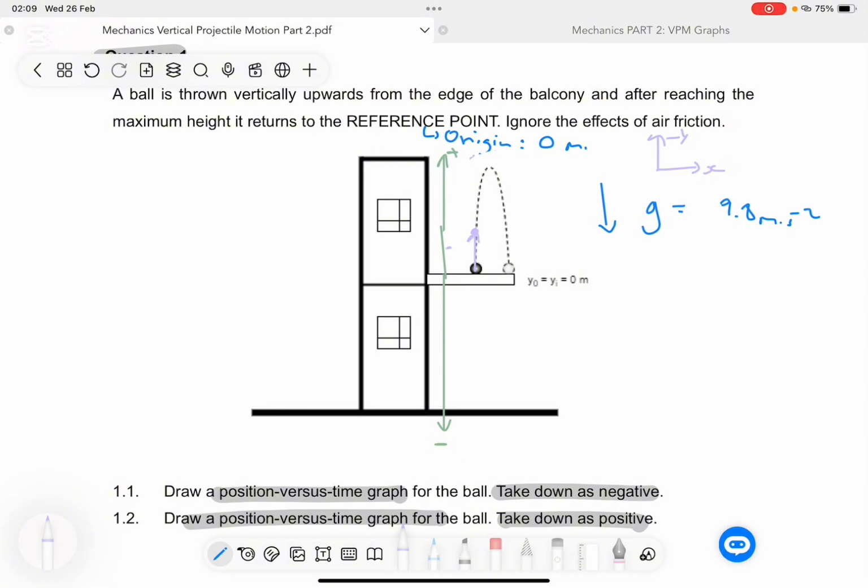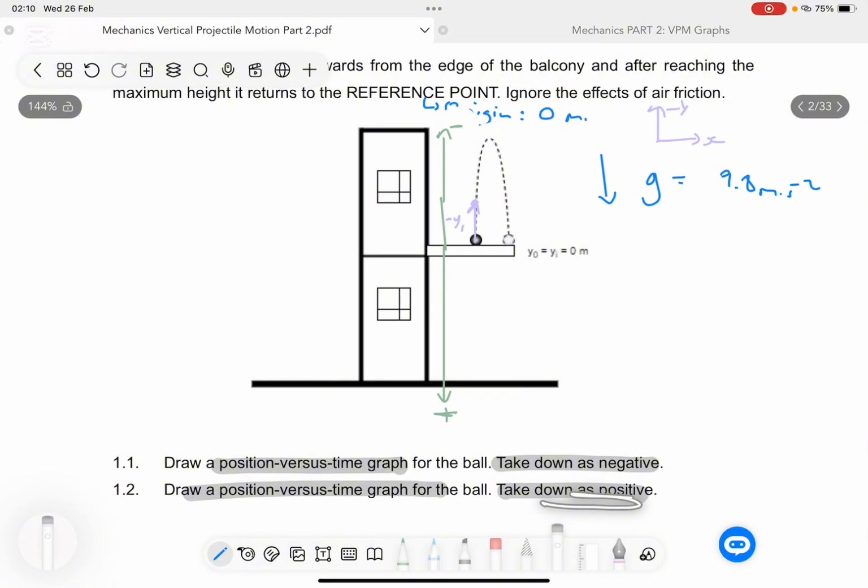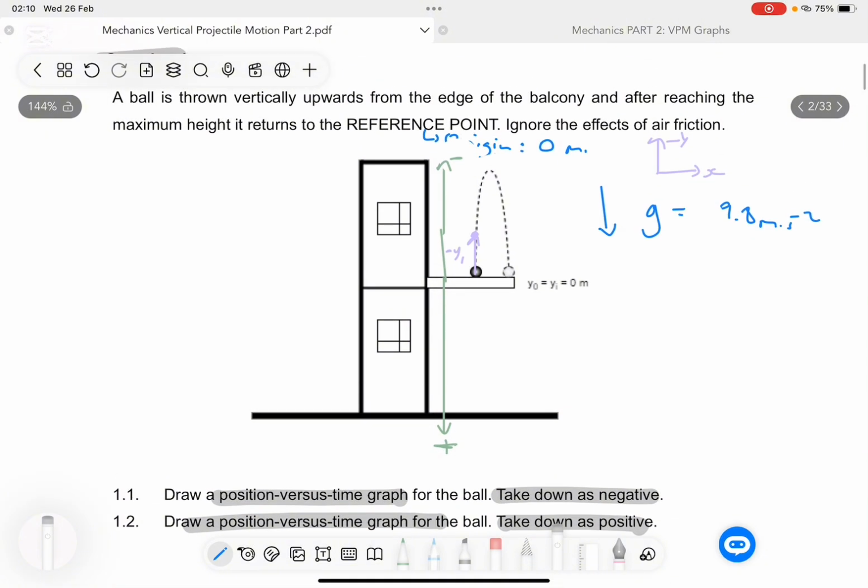But in this case, it's going to be a negative y1, because now we have our upwards being negative. Remember, we said going up now is negative, and we have our downwards being positive because we're taking down to be positive. That's why this vector is now written as a negative.